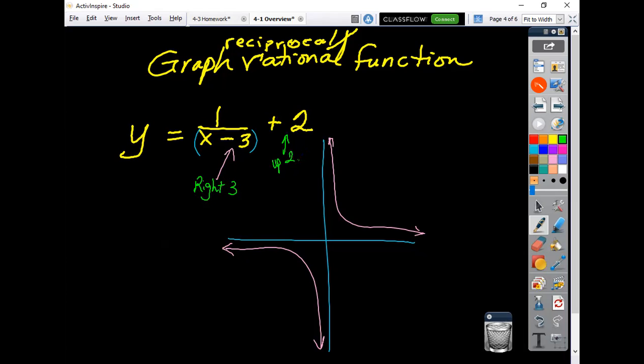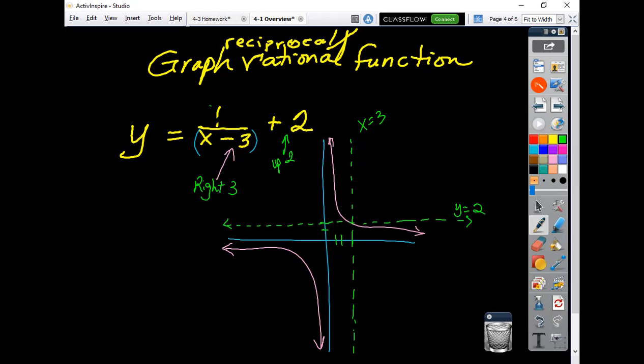So what we're going to do is just move our asymptotes. Remember we had our vertical asymptote here? Well, if we go right 3, my new vertical asymptote is going to be over here at x equals 3. If we move up 2, my new horizontal asymptote is going to be up here at y equals 2, because anywhere on that line we're always up 2, that's y, and any place on this vertical line we're always right 3, x equals 3.